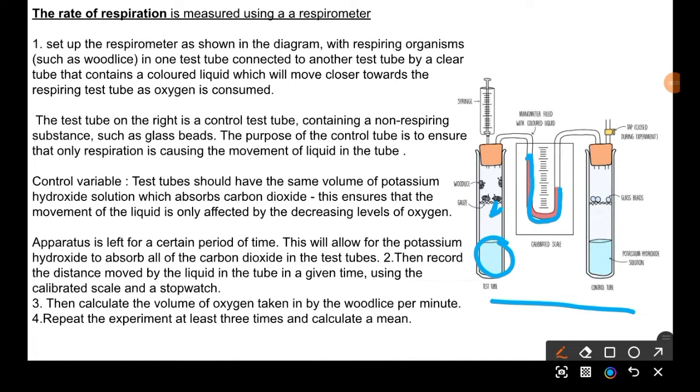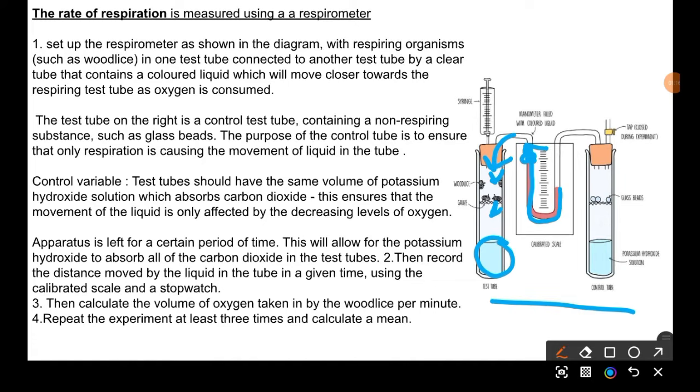So, the only change in volume of gas in the test tube is the oxygen that's coming in, it's taken in by them, so there is a reduction in the gas volume in the test tube. So, the colored drop or the liquid should come closer to the test tube.